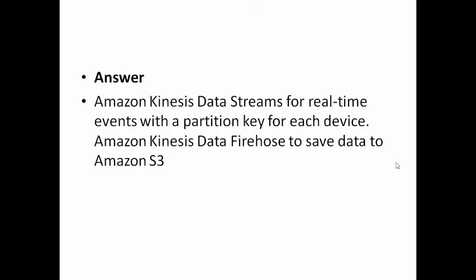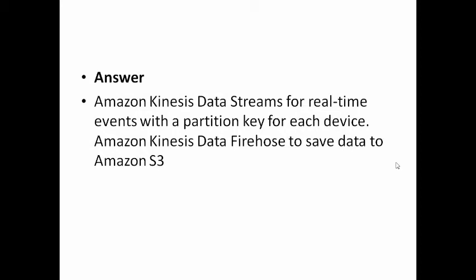So Kinesis data stream is nothing but a set of shards. So here each shard has a sequence of data records, and each data record has a sequence number that is assigned by Kinesis data stream. So that now we know a shard is uniquely identified sequence of data records in a stream.